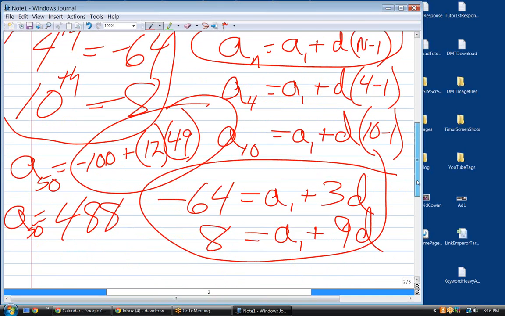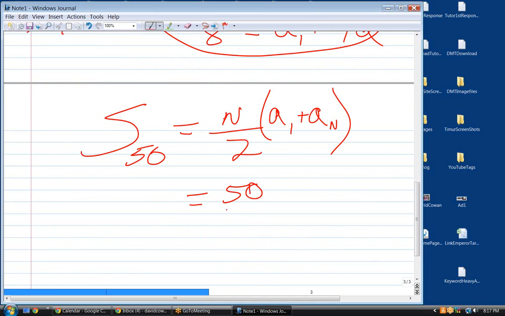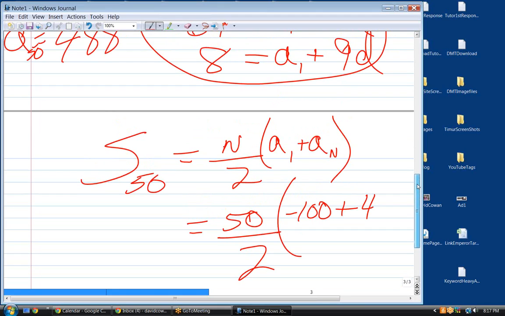So now we can plug in everything. So then you do 50 divided by 2, because n is 50. First term is minus 100. The 50th term was, what was it, 488? Yeah.